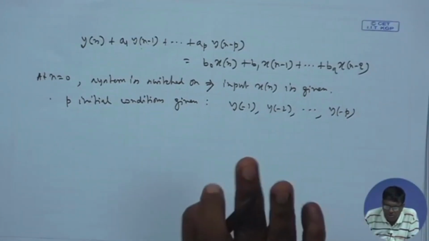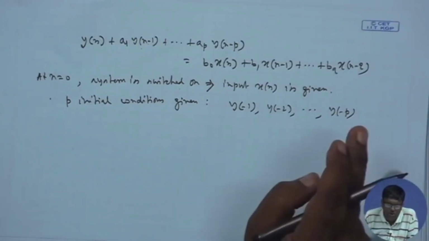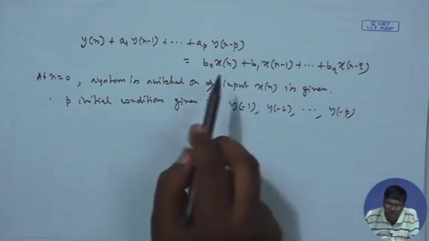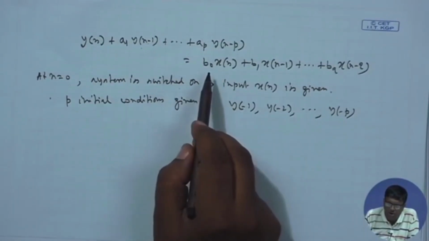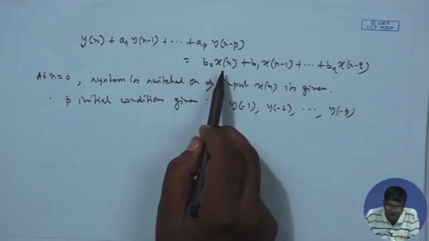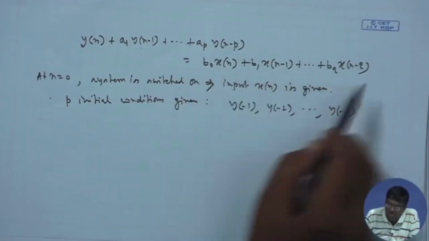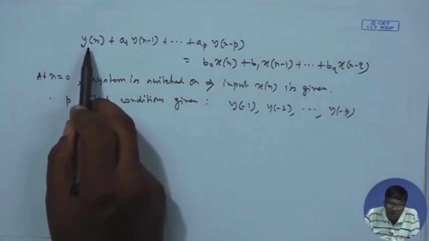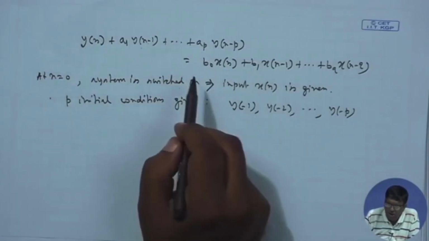Now, you are using the system from n equal to 0 onwards, that is, you give your first input x[0] at n equal to 0, and the past inputs are 0 because you are switching on at n equal to 0.